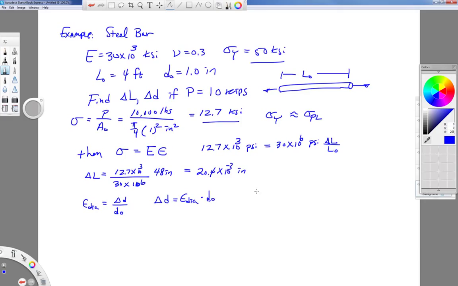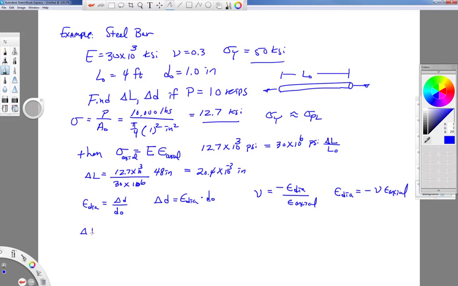I know that Poisson's ratio relates diametral strain to axial strain. And in this equation, I want to emphasize that this is axial stress and strain. So if I rearrange this, the diametral strain is equal to minus Poisson's ratio times the axial strain.